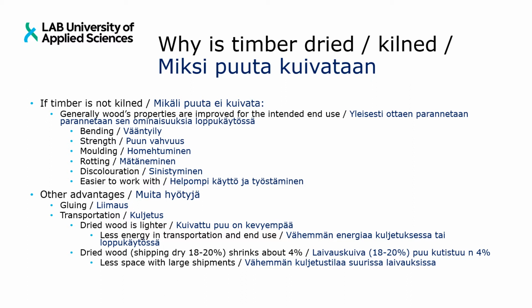Other advantages, well, gluing. Usually the glue manufacturers say that they guarantee the glue line only if the pieces of timber are maximum 16%. And remember, the shipping dry is 18 to 20. It's also important for the transportation because dried wood is lighter, which means that there's less fuel being used during the transportation.